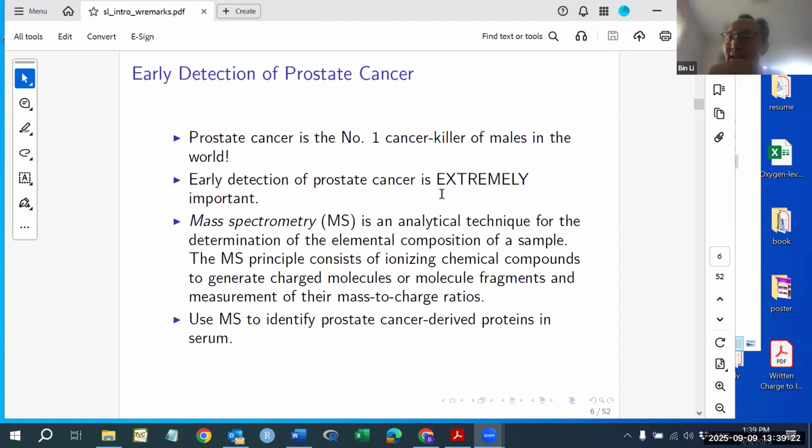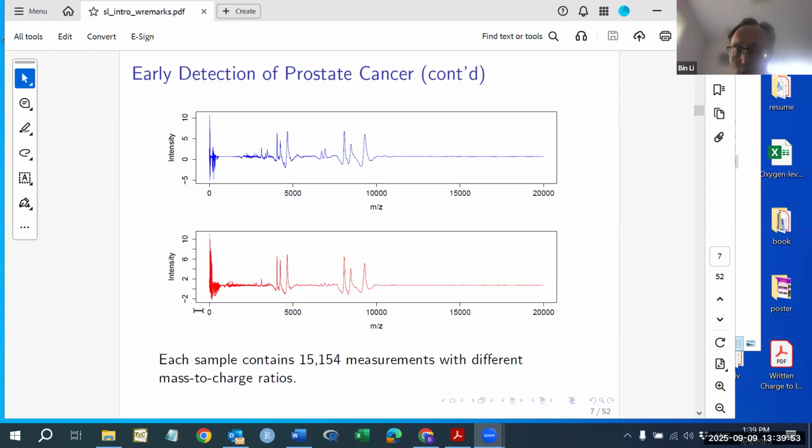And this is another example. That's the early detection of prostate cancer, which is the number one cancer killer for males in the world. The early detection of prostate cancer is extremely important. Mass spectrometry is a very common analytic technique for determining the elemental composition of a sample.